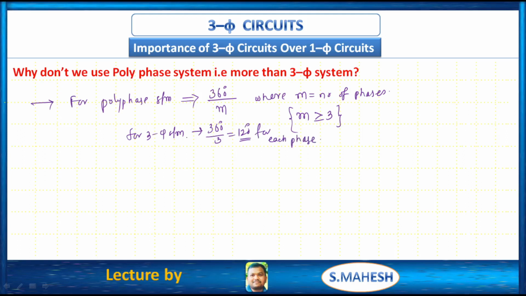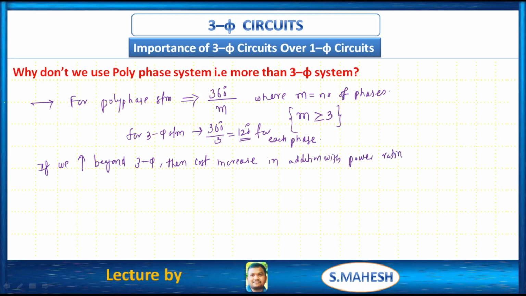That's it, right? If we increase beyond 3 phase, then what will happen? If we increase beyond 3 phase, cost should increase in addition with power rating.